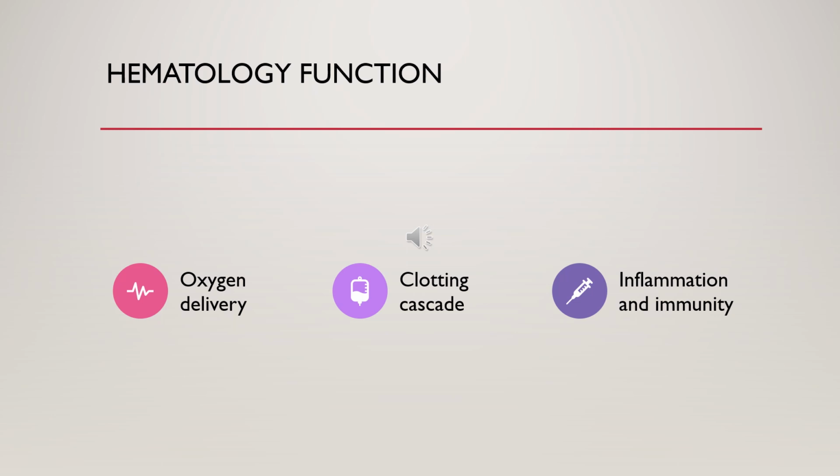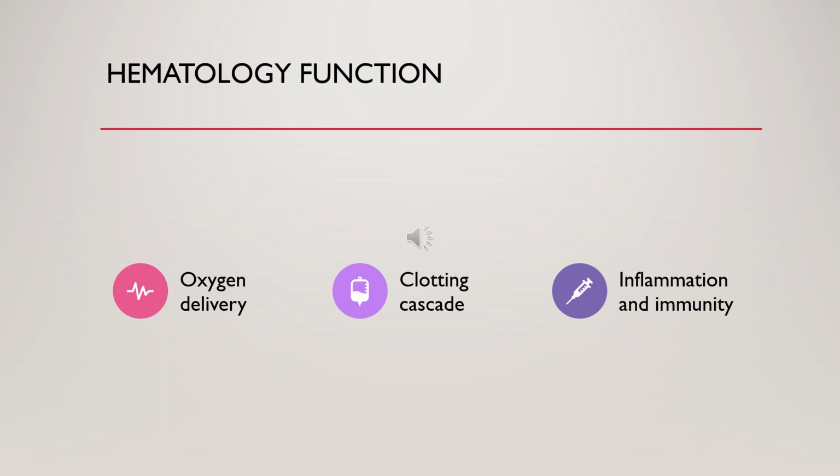It also helps with inflammation around the body because that's part of our healing process, and immunity. So this is where we get white blood cells going off and battling infections and protozoa and all of that, so that our body is healthy. So the blood does a lot of things, not just oxygen. So oxygen, clotting, and inflammation are really big parts.